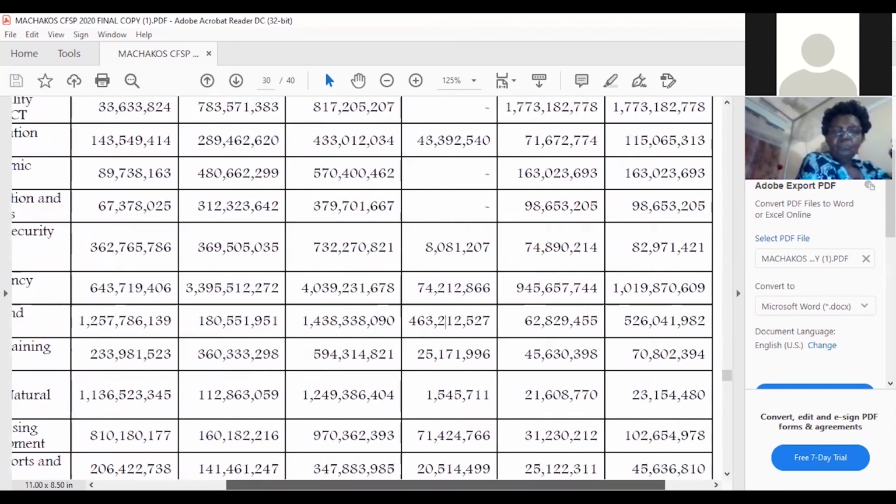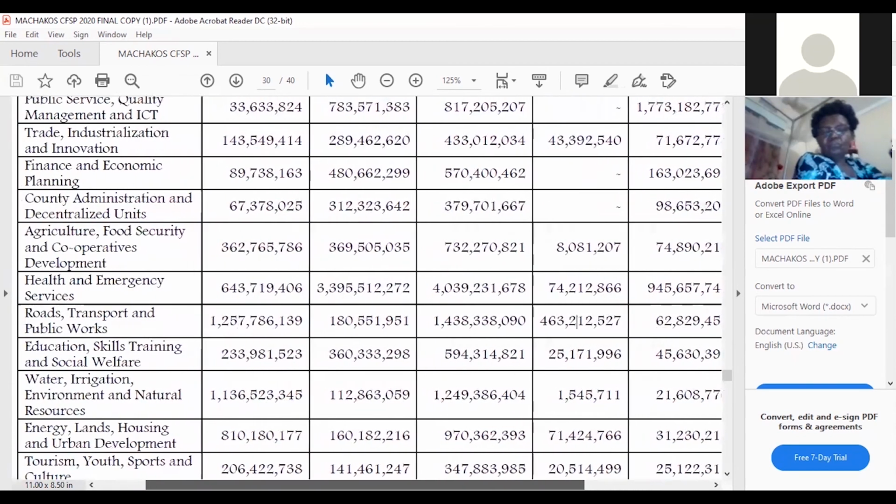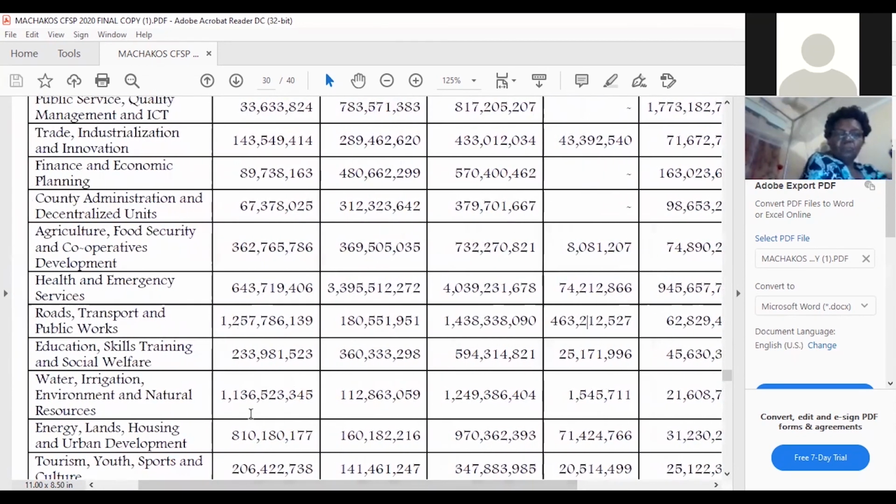And it's already the first 6 months. Will it be able to at least get the rest so that it can achieve what they have said here? Because if you look at roads, they had said 1 billion, but for the first 6 months, they had allocated 463 million. But when it comes to water and irrigation, they had stated 1 billion, but what was released was just 1 million. So you can see that change.